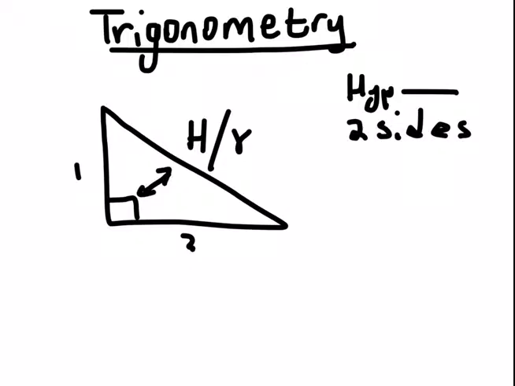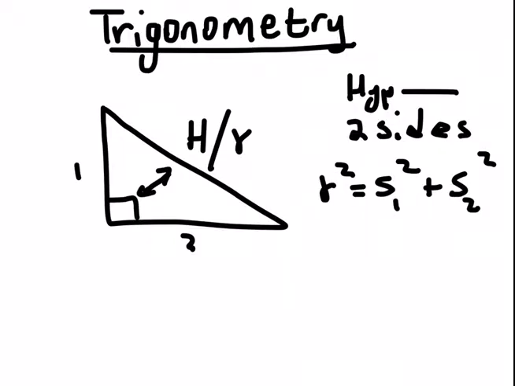Then we said the formula that we use in order to calculate the other sides is this one, which says r squared is equal to, let me just say, side 1 squared plus side 2 squared.